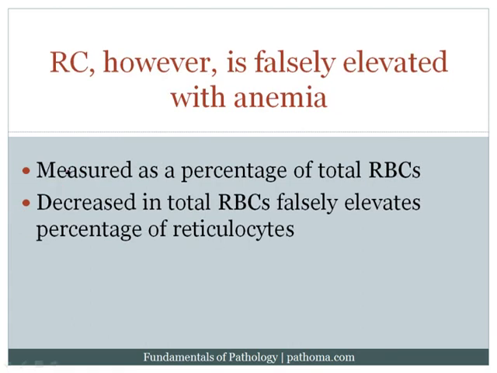However, we also need to keep in mind that with an anemia, the reticulocyte count will be falsely elevated. And that's because the reticulocytes are measured as a percentage of the total red blood cells. Let's assume that a patient has 98 red blood cells, and 2 of those red blood cells are reticulocytes. So then this would mean that the reticulocyte count in a normal patient is 2 out of 100. 98 plus 2 is 100, so 2 out of 100, and therefore the reticulocyte count is 2%.